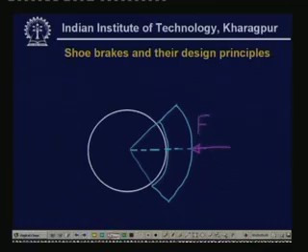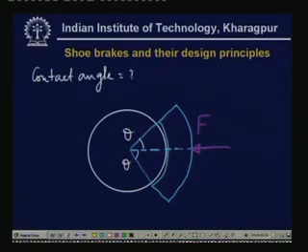Now, this angle, let us say, is equal to theta, and that is the net contact angle. Now, if we apply this force over here, then the pressure distribution is not uniform. Everyone can understand that the pressure is not uniform, and it is expected the pressure will be high near the central region. Here the pressure is higher and here the pressure is comparatively low.